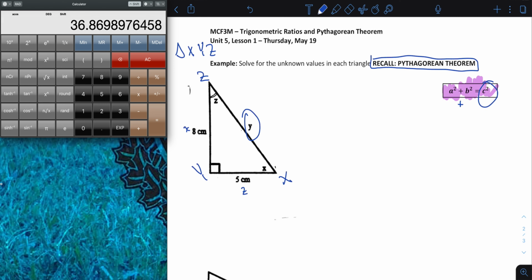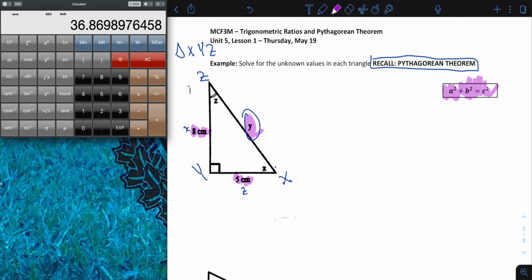So in this case, the hypotenuse. Okay, so in any event that you see that you have two side lengths and you want to find the third, you're going to want to use Pythagorean Theorem. Okay, that's the easier of the two.